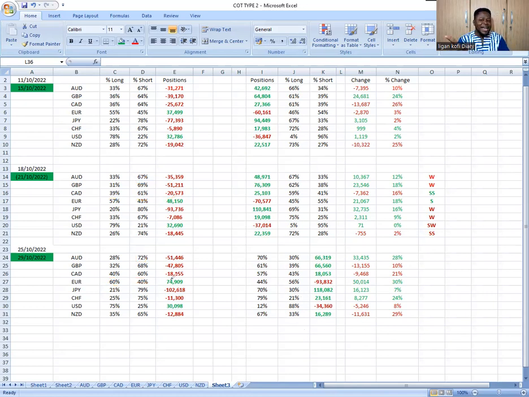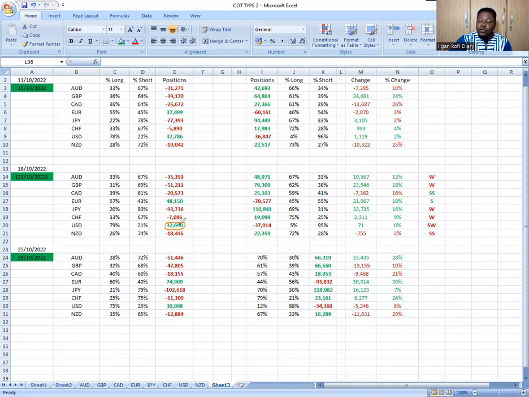And if you remember last week, I told you that USD was reducing its bullishness, and so we will begin to see a reversal in terms of weakness in USD. And you all saw it. USD last week was very weak. Why? Because now look at it. The number of traders who are bullish on USD, which was 32,690, has reduced to just 30,000.